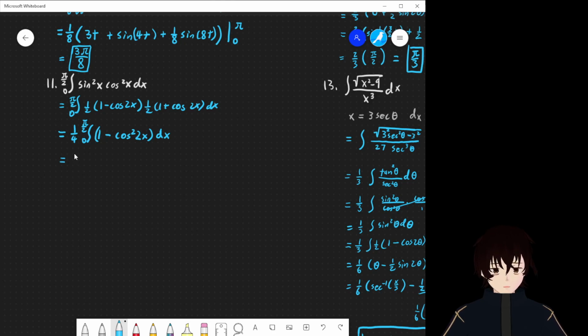Now we need to do another double angle. Write our integral: this is 1 minus 1/2 times 1 plus cosine of 4x dx.